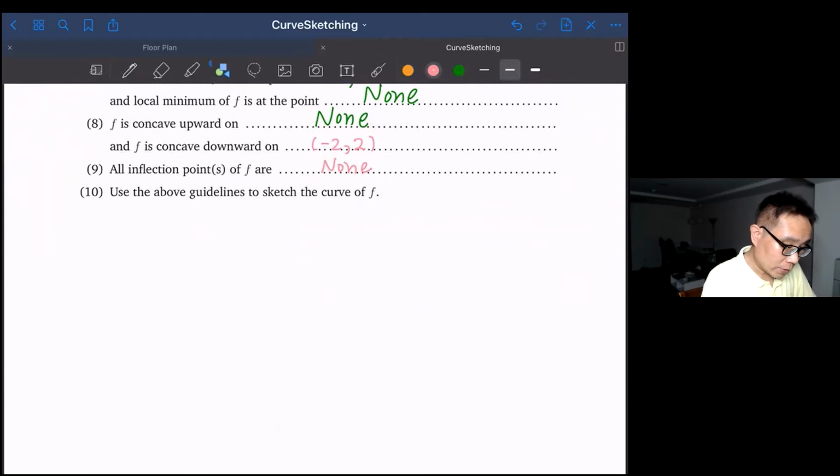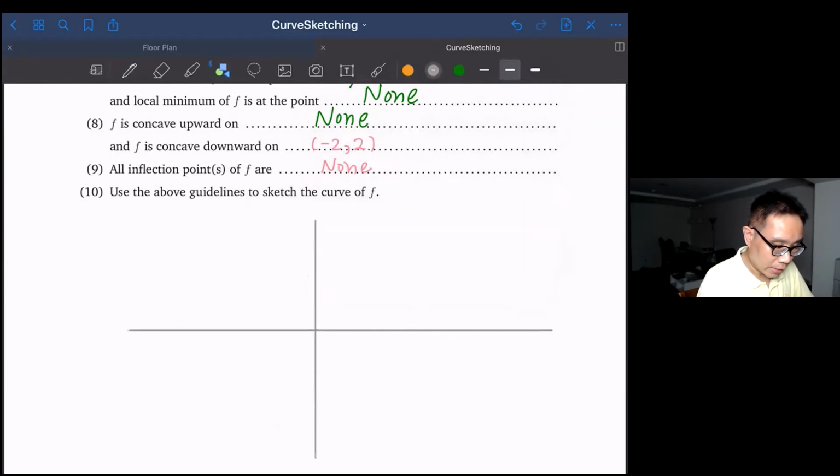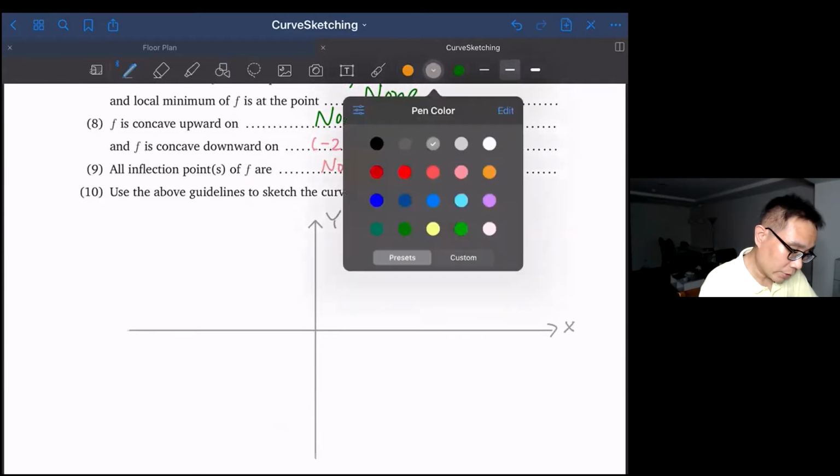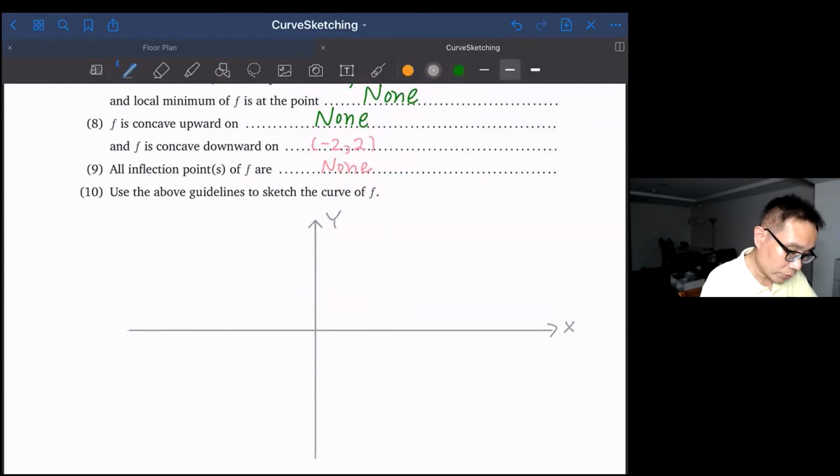So for the graph of the function, you're going to see that this one will be your y and your x. And you're going to have the domain, which is just -2 and 2.